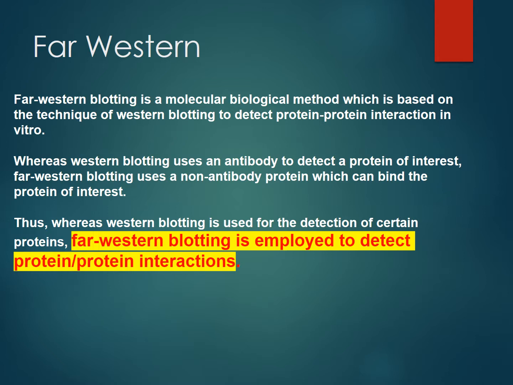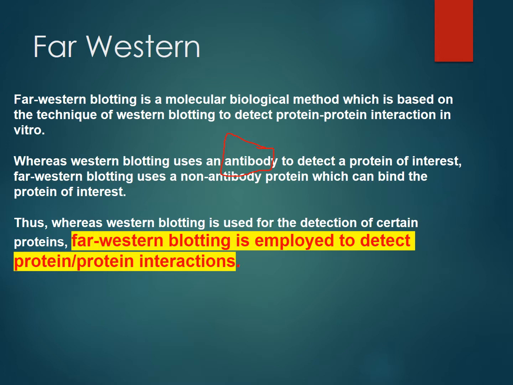A far Western, though, is a modification of the Western blot, and in this case, it's used to detect protein-protein interactions. And Western blot again uses the antibody to detect the protein of interest.